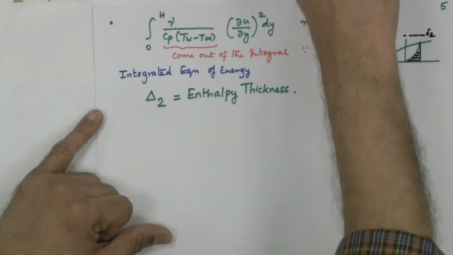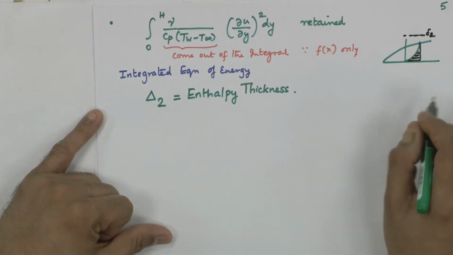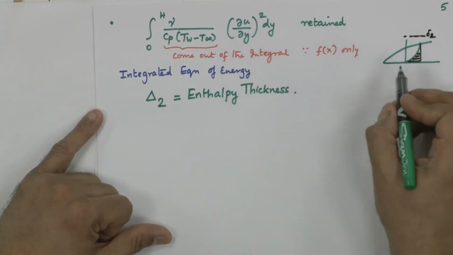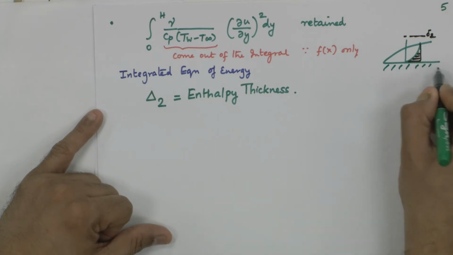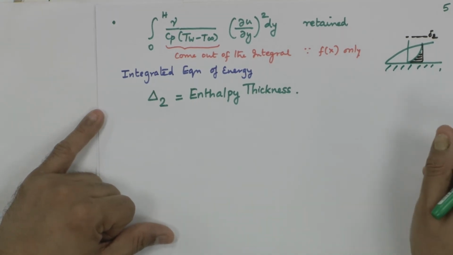In the same way, enthalpy thickness refers to the fact that the temperature difference responsible for the heat transfer, T wall minus T infinity, is reducing. If there were no boundary layer, you would have T wall minus T infinity as the driving temperature difference. But because temperature changes progressively as I move up from the plate, the driving temperature difference reduces.